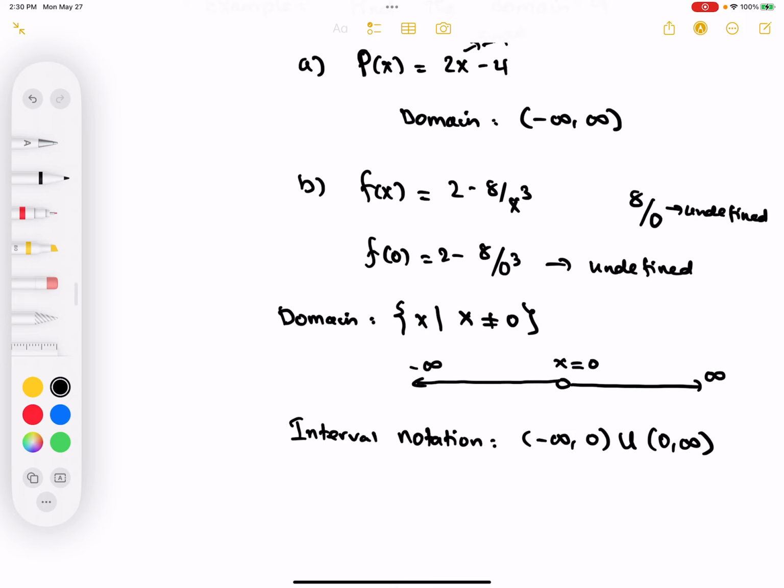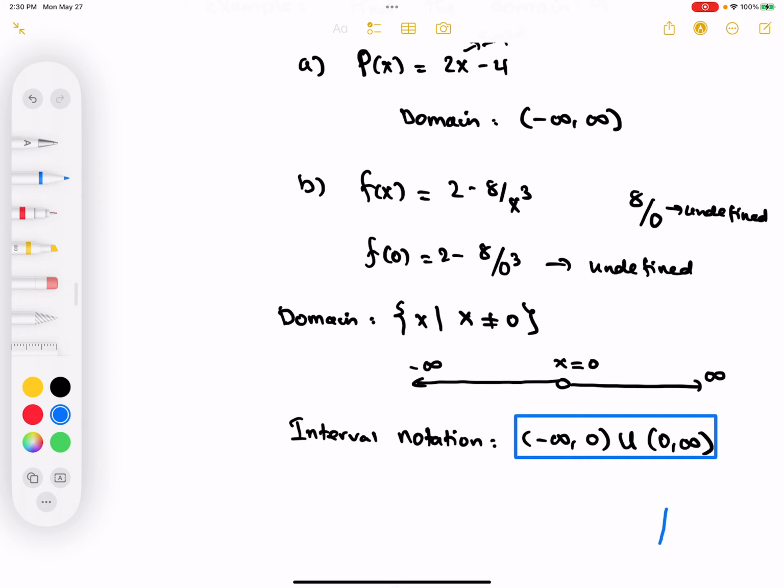So this function is not defined at x equals 0, but it is defined for all other real numbers. I recommend you draw the graph until you understand how to define the domain of a given function.